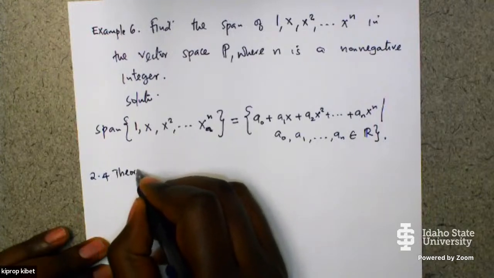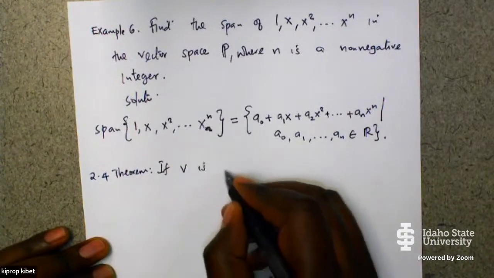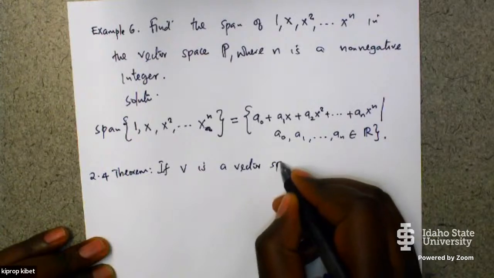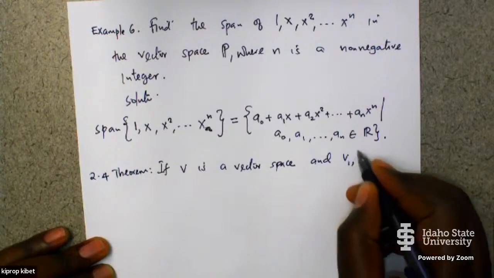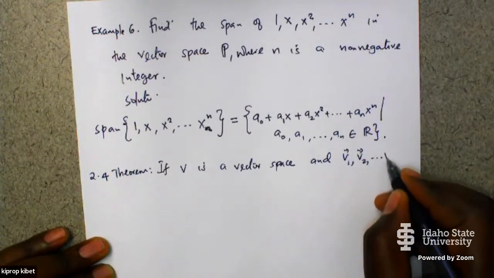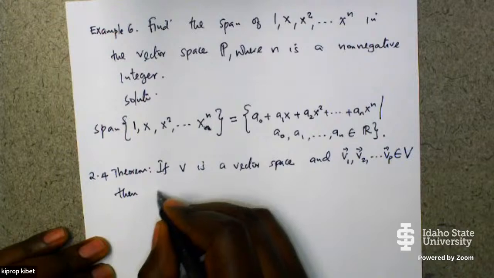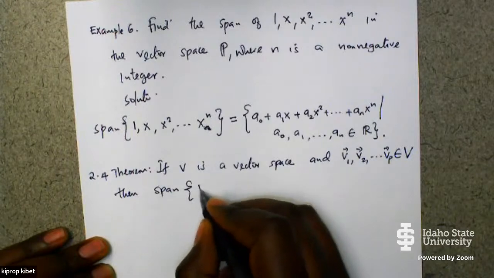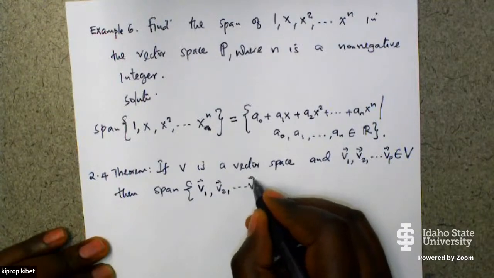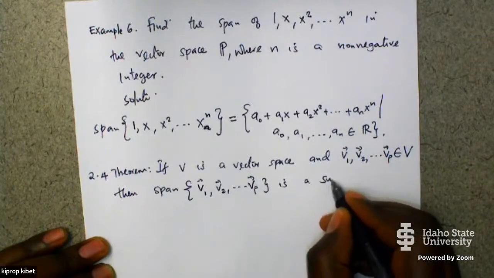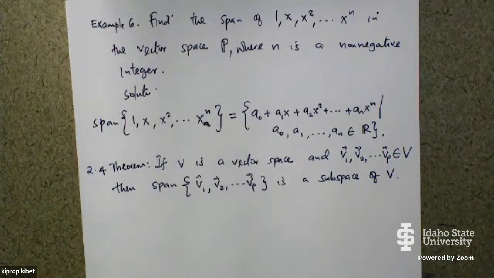The theorem: if V is a vector space and V1, V2, all the way to VP are elements of V, then the span of V1, V2, all the way to VP is a subspace of V.